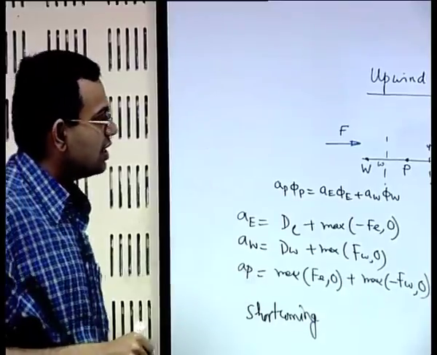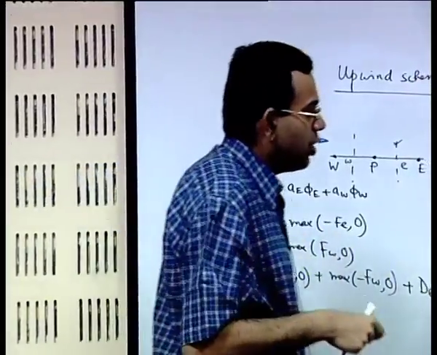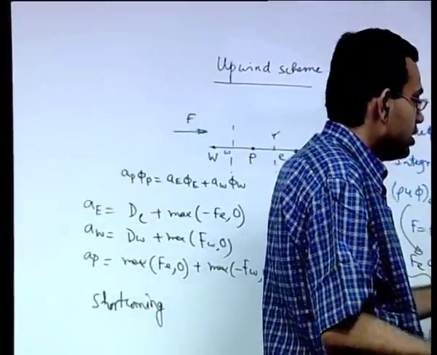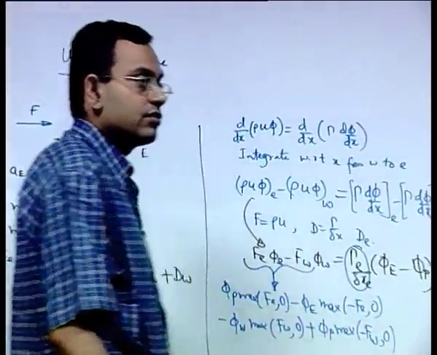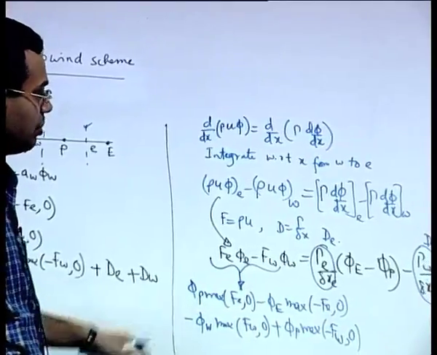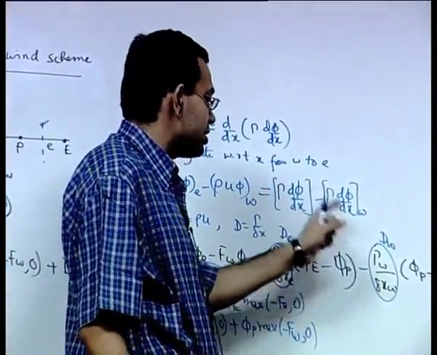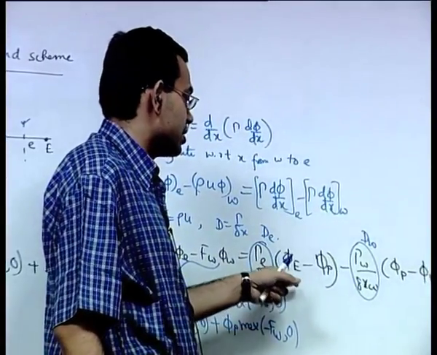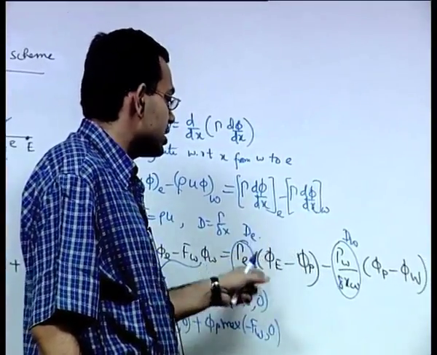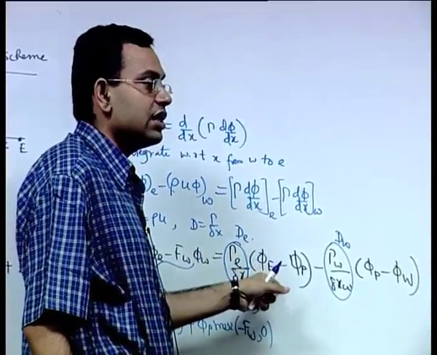Now, in that case, if it is a dominant unidirectional advection, the diffusion terms should be small, but still in this particular scheme the diffusion terms are discretized by using the central difference scheme.